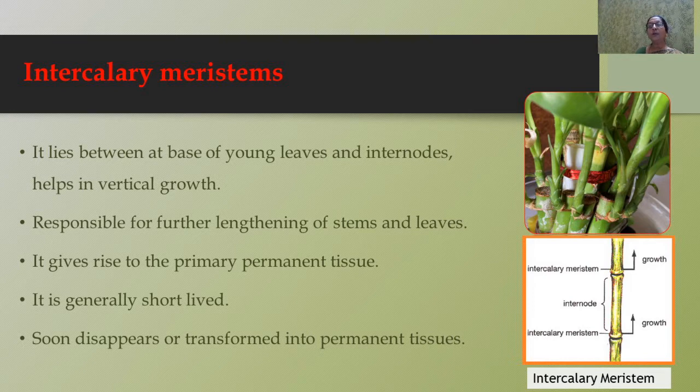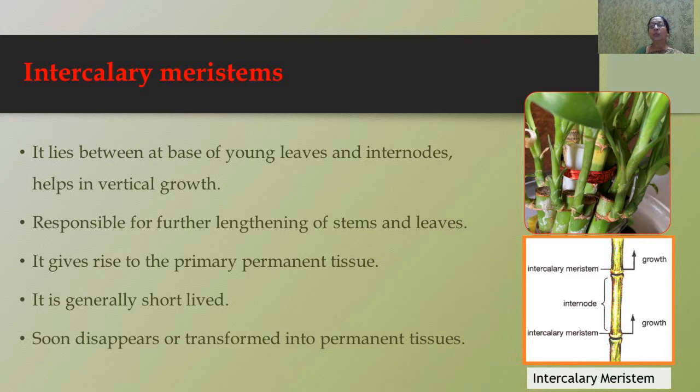I have shown you the bamboo plant, where in the nodal region these meristematic tissues are present. They are called intercalary meristems.